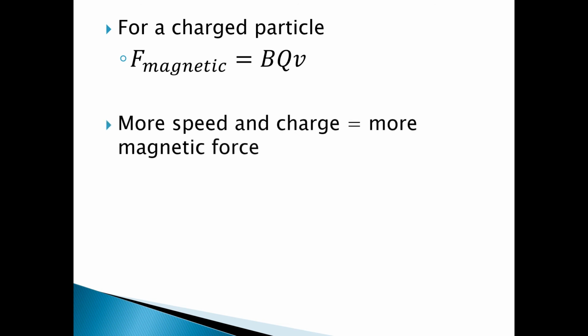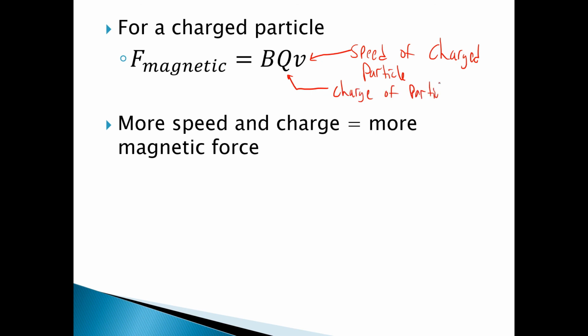Basically, it means that more speed, because this is what v is. v is speed, so the speed of the charged particle. Much like we did in the previous unit, this is the charge of the particle, and then B is magnetic field strength.